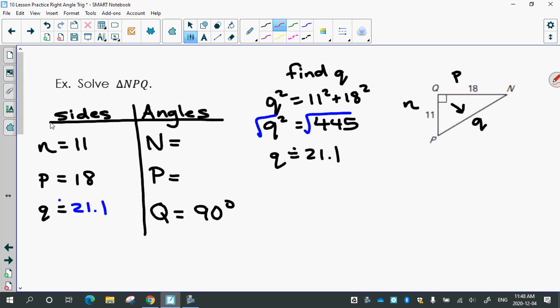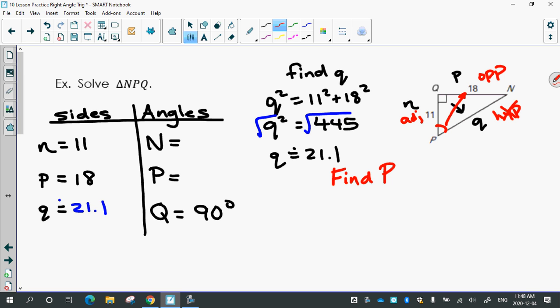So I'm going to write down find P. Capital P. So if I'm finding angle P, then I label my sides according to angle P. So the opposite is 18, and the adjacent is 11. Now I know the hypotenuse as well, but it wasn't given to me, so I'll cross that one off, although it wouldn't matter, okay?